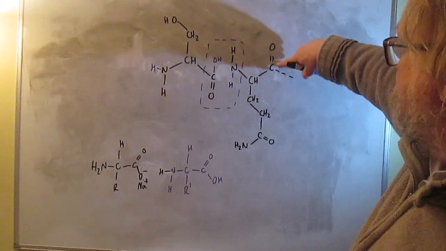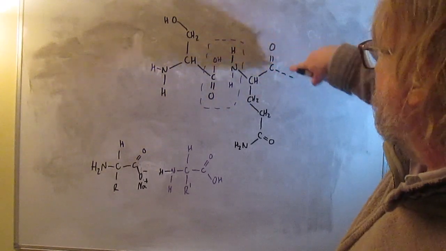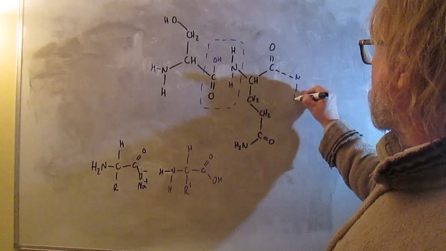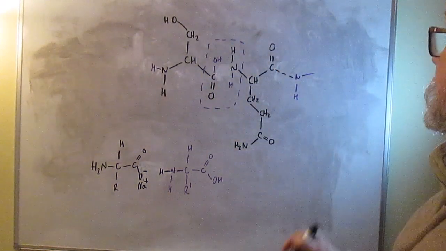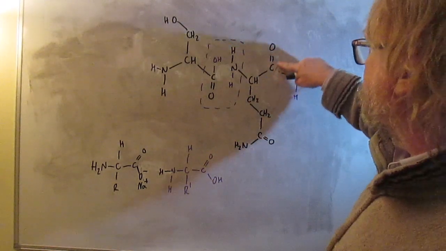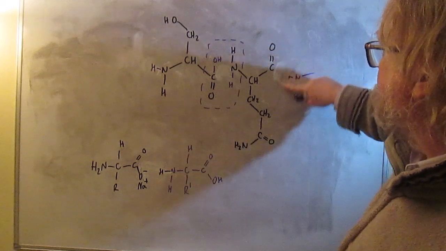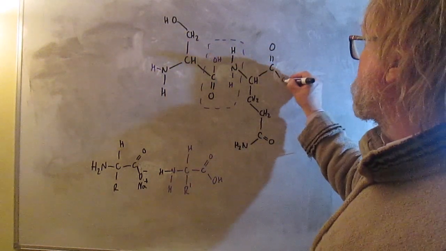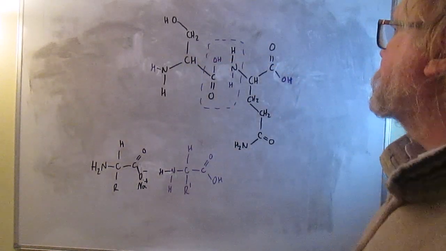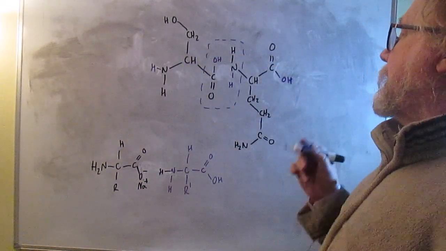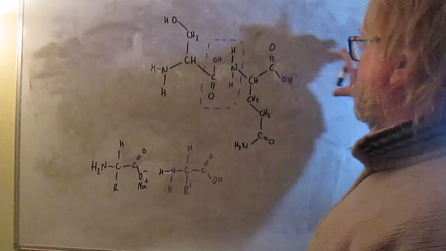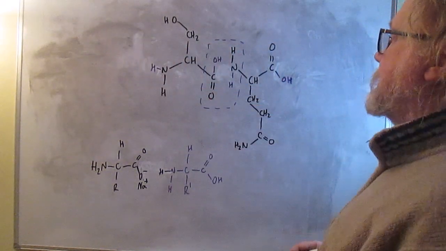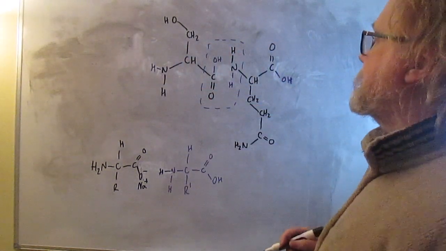And here this COOH is going to be connected to the NH from the next amino acid along in the chain. So again, that bond is going to be hydrolyzed, and you're going to get that restored to COOH. And that's the backbone of the protein deconstructed.